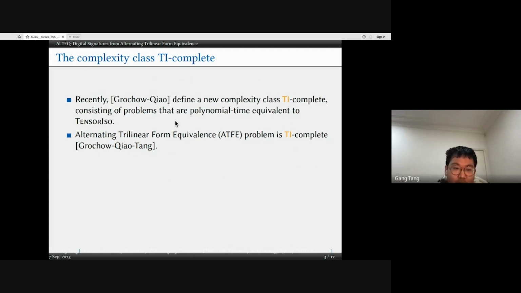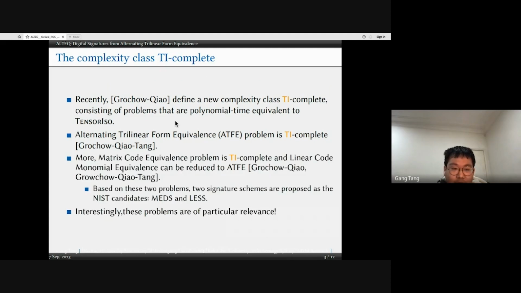Recently, Grochow and Qiao defined a new complexity class, TI-complete. Here, TI means tensor isomorphism problem. This class consists of many problems that are polynomial-time equivalent to the tensor isomorphism problem. The alternating trilinear form equivalence problem has been proved to be TI-complete. Moreover, the matrix code equivalence problem is also TI-complete, and the linear code monomial equivalence problem can be reduced to the alternating trilinear form equivalence problem.